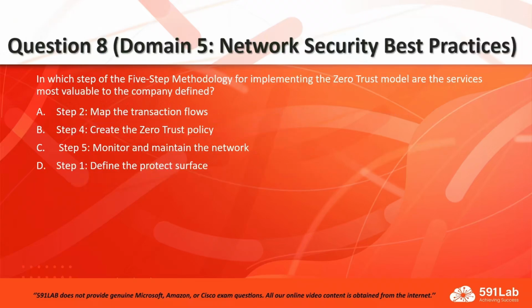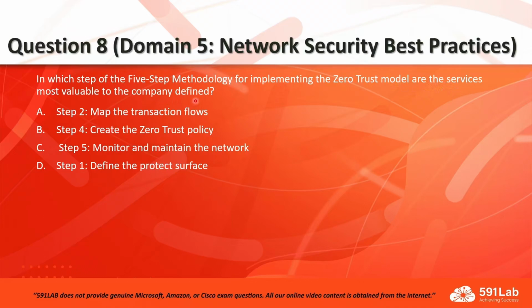Next, let's discuss question number 8. Question number 8 is about domain 5, network security best practice. The question is as follows: in which step of the 5-step methodology for implementing Zero Trust is the service most valuable to the company defined?